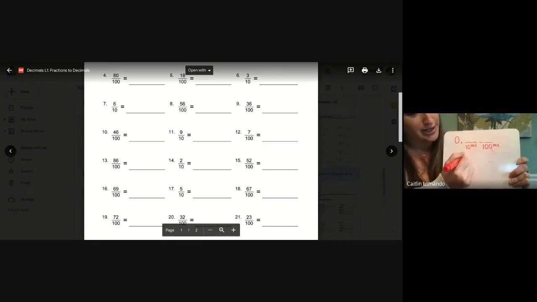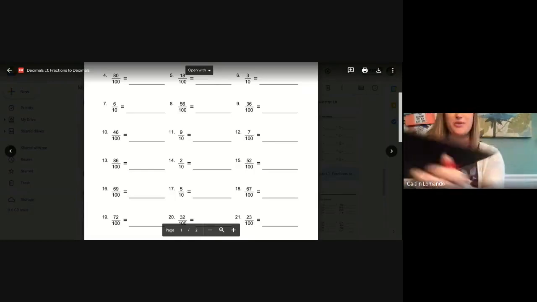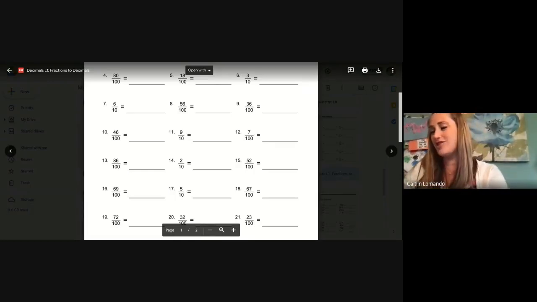Number 13 should be 0.86. Number 14 should be 0.2. And number 15 should be 0.52. Excellent job. All right, you guys are doing so wonderfully with changing fractions to decimals.